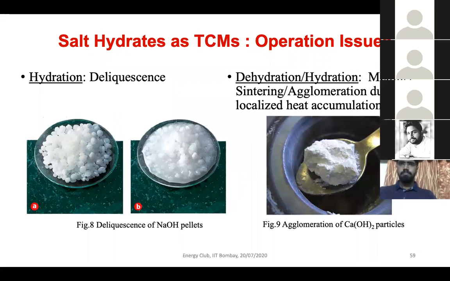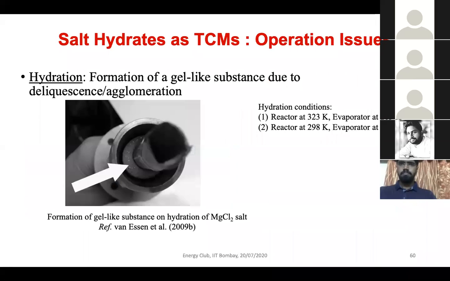There are more problems, like deliquescence, where it will feel watery. If you add too much relative humidity or too much water, it will look like a watery material. Or if you heat it up to a very high temperature, it will be sintered, in a very powdery form, which is a problem of this type of material. One more example, hydration will cause agglomeration if you add more water.